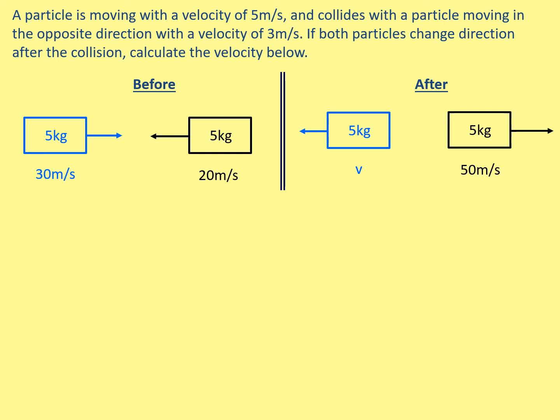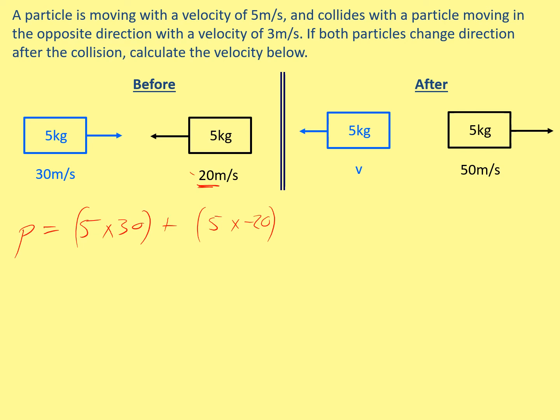So I'm going to work out the total momentum just like normal. Mass times velocity plus mass times velocity. Remember, opposite direction, so this should be minus 20. The speed can be 20.